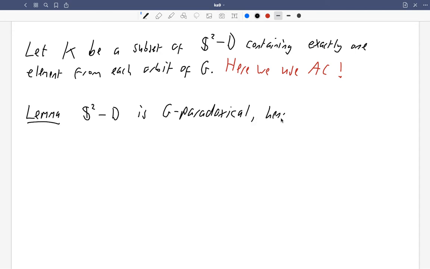Hence, if it's G paradoxical, well, SO3 has more elements in the group. Hence, it's easier to be SO3 paradoxical than to be G paradoxical. So it's also SO3 paradoxical.